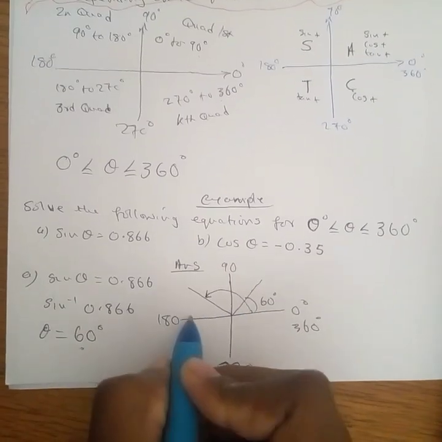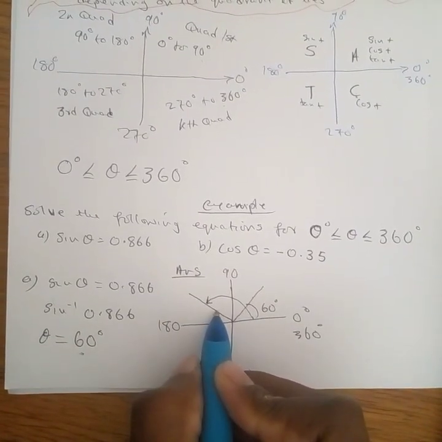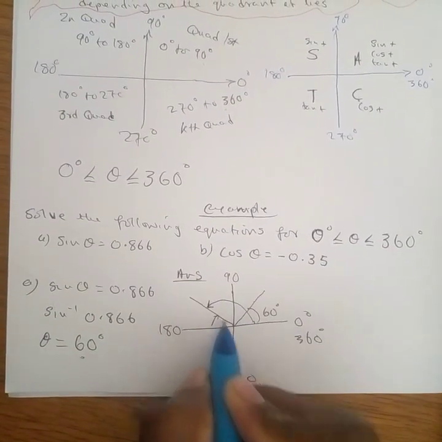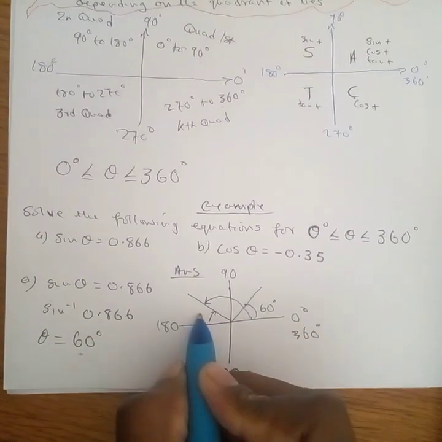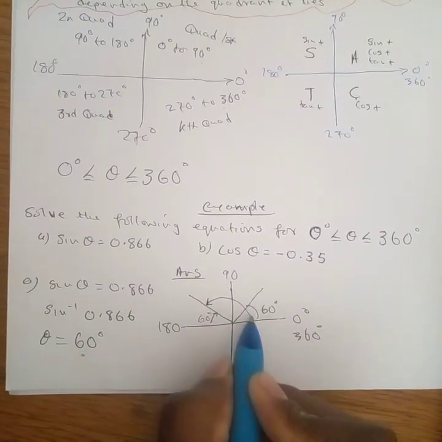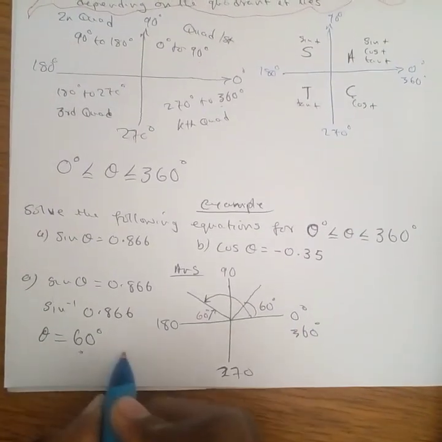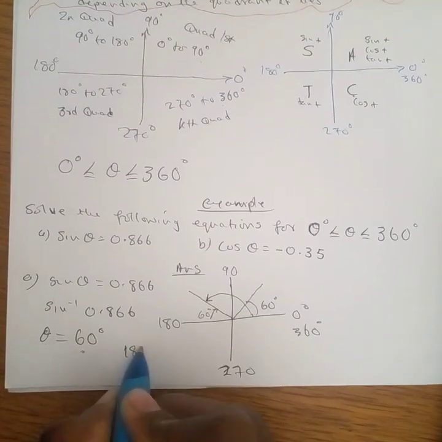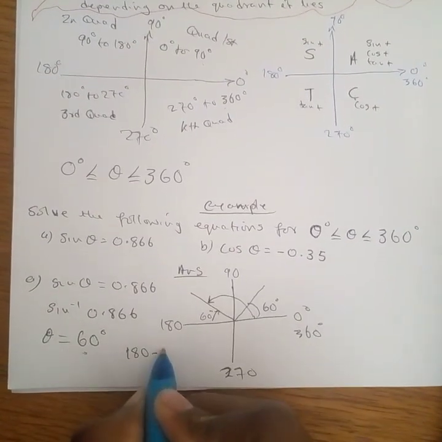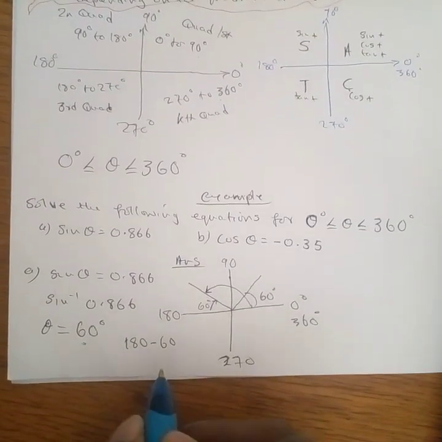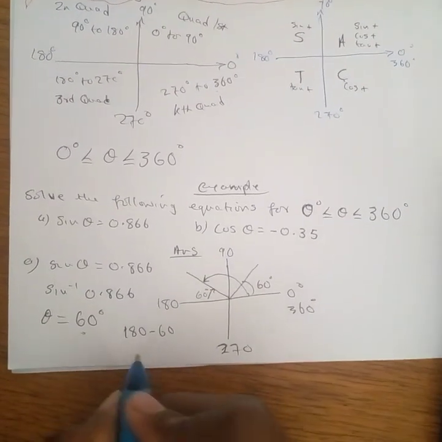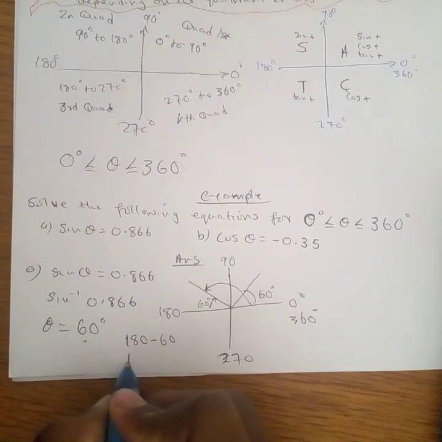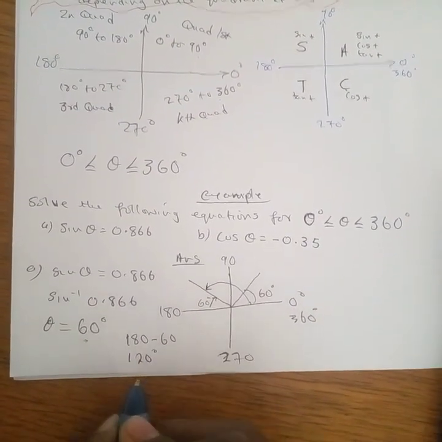So this angle which is here, my dear ones, is the same as 60 degrees. What about the remaining angle? We are going to say 180 minus 60. 180 minus 60, what do we have? We have 120 degrees.